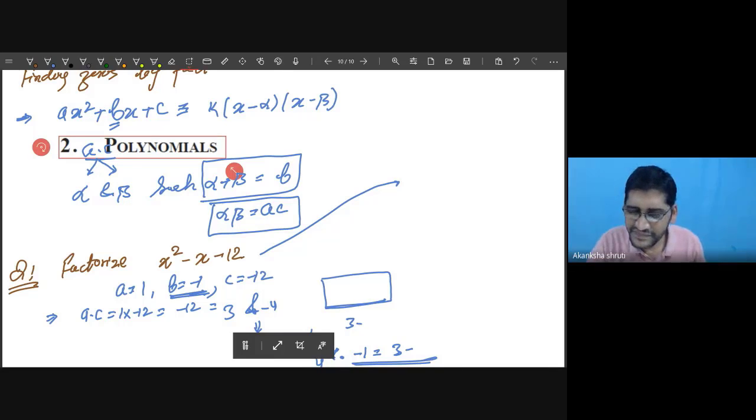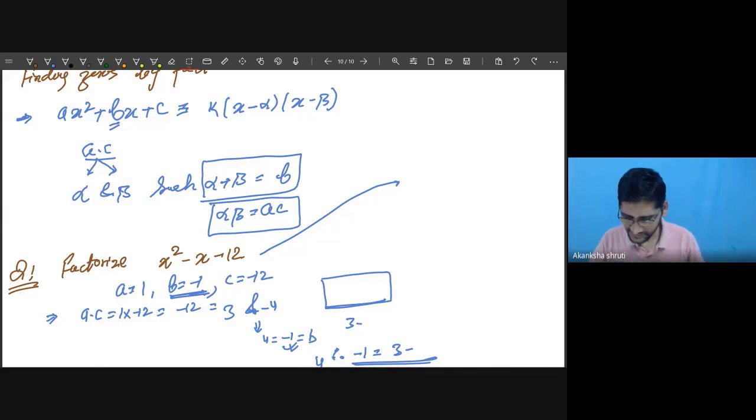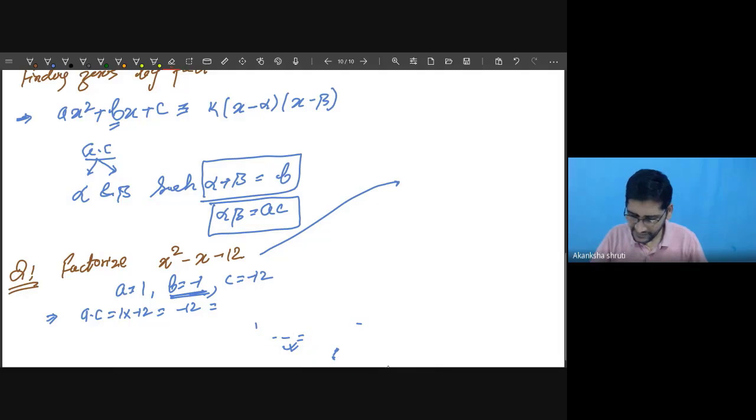Students, we have observed that our required factors are 3 and minus 4, or minus 4 and 3.